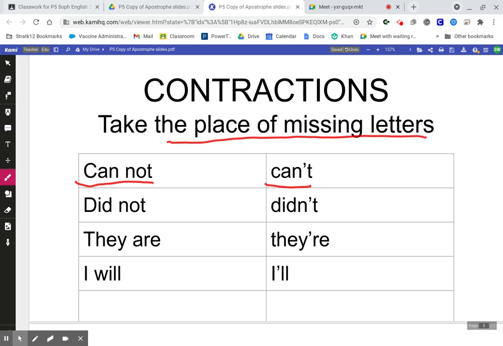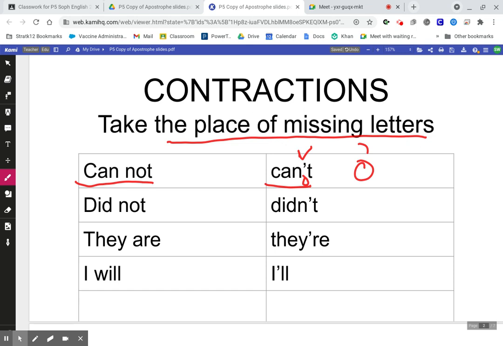Right? But if you notice, cannot and can't are not spelled the same, because can't is actually cannot with an O missing right where the apostrophe is. So where the O is, instead of an O, there's an apostrophe. So it still spells cannot, but the apostrophe shows where the missing letter is.